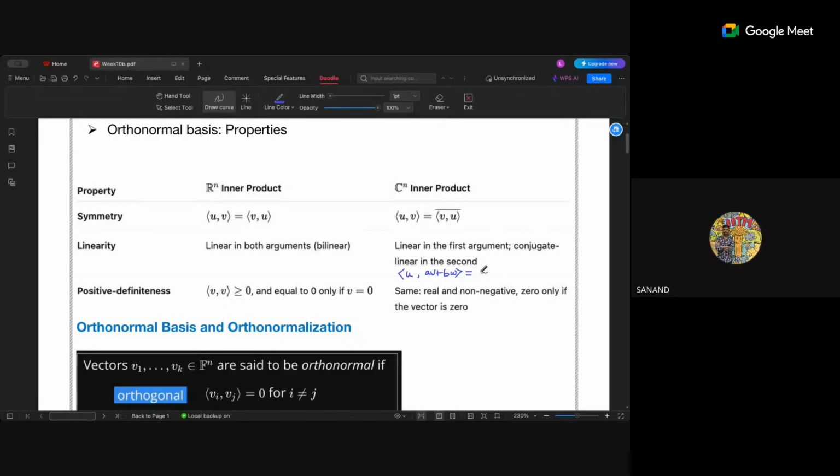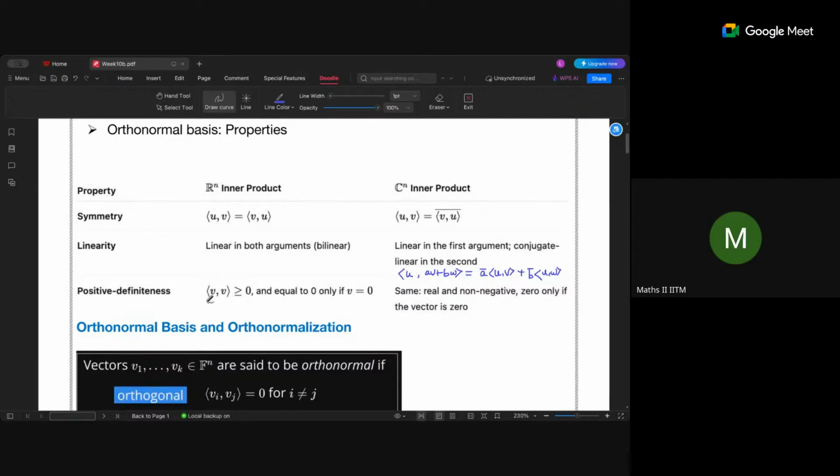Inner product of u comma av plus u comma bw. So you have a bar times the inner product of u comma v plus b bar times the inner product of u comma w. Conjugate linear means you have the conjugate for the scalar part. This is for the second argument. For the first argument, it is just linear. You don't have any conjugate.